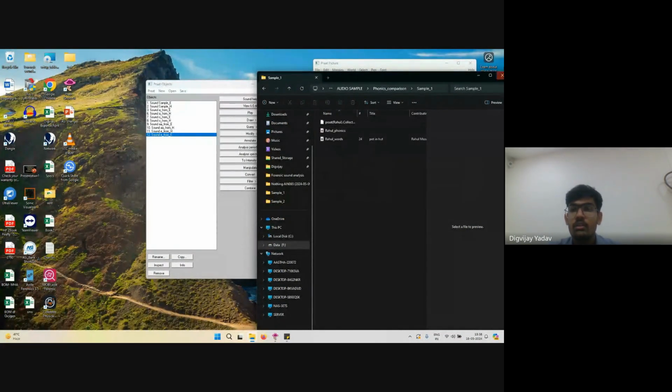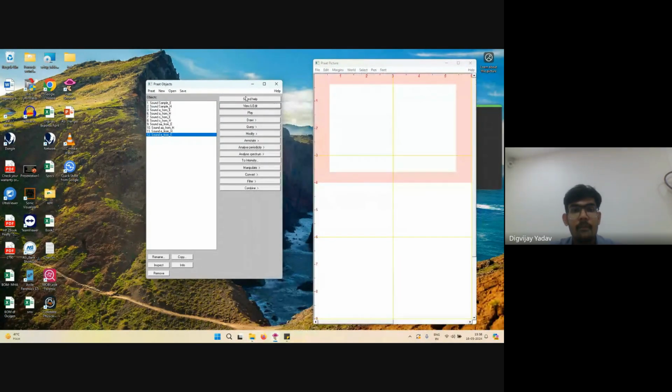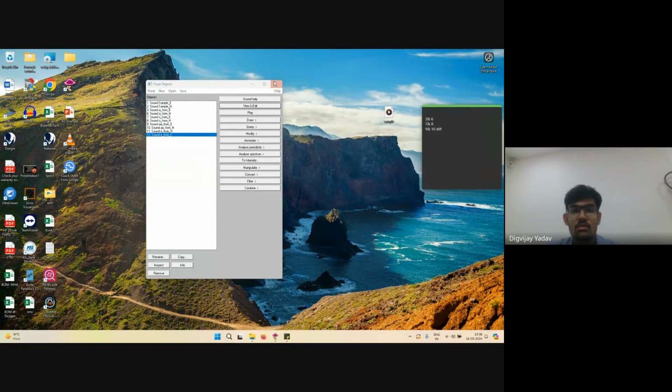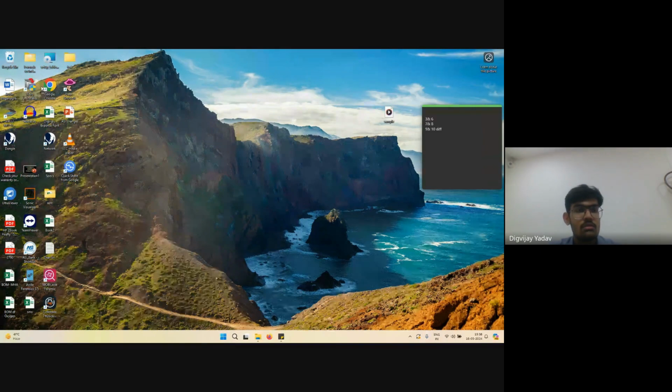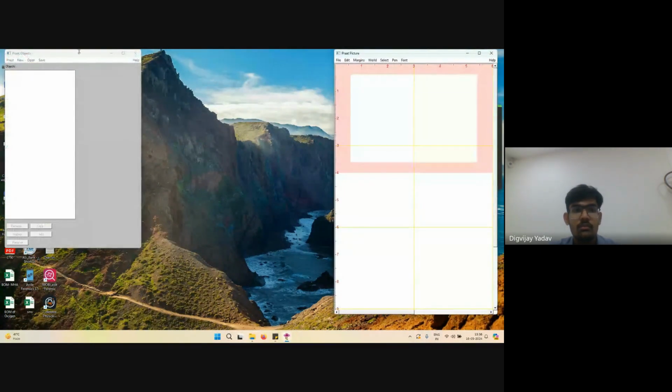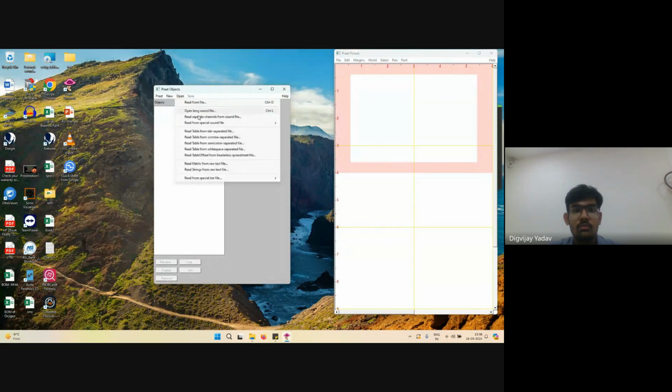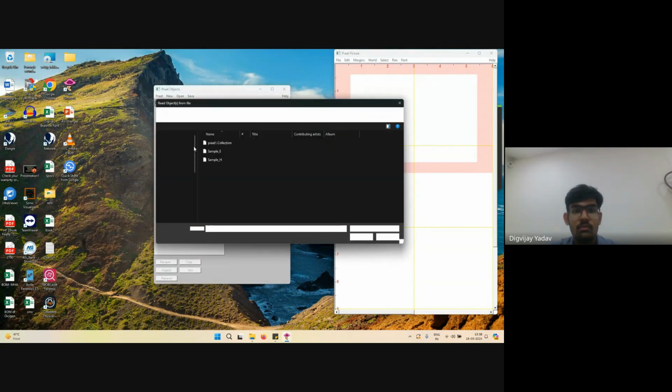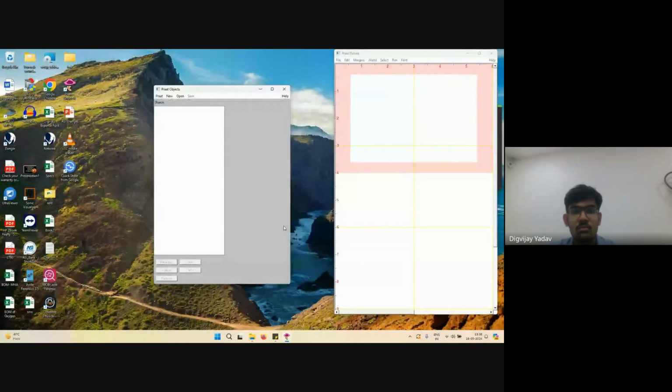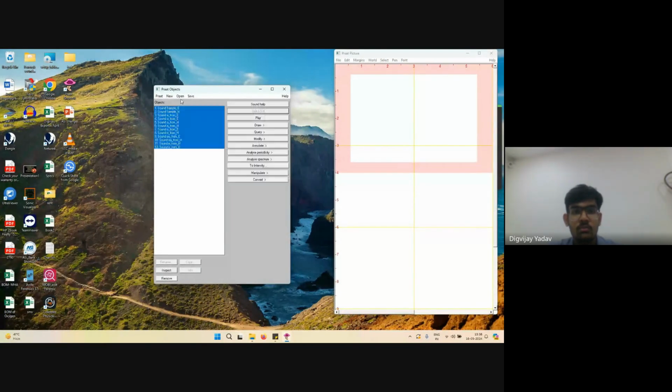Once again, I'll be loading the sample here. Now you can see these two samples are way more different as compared to the other samples.